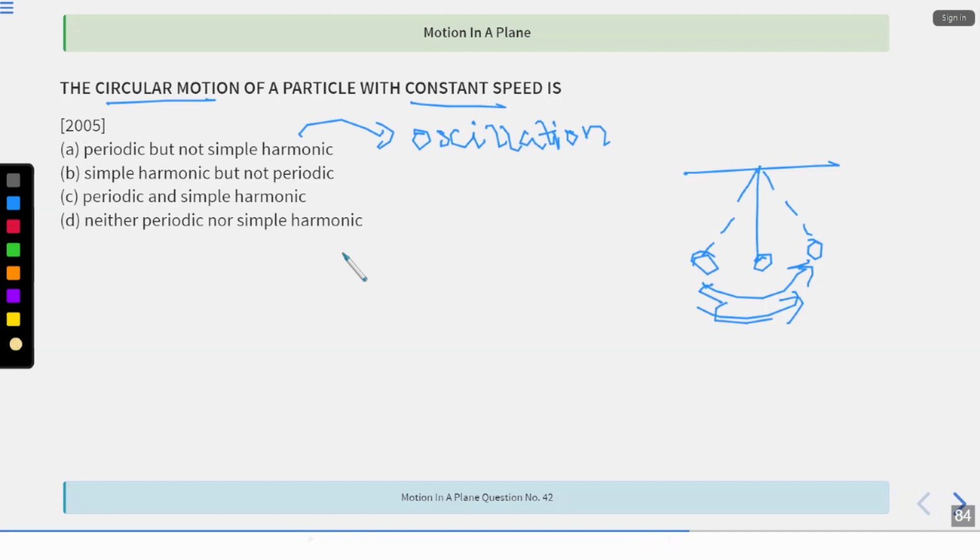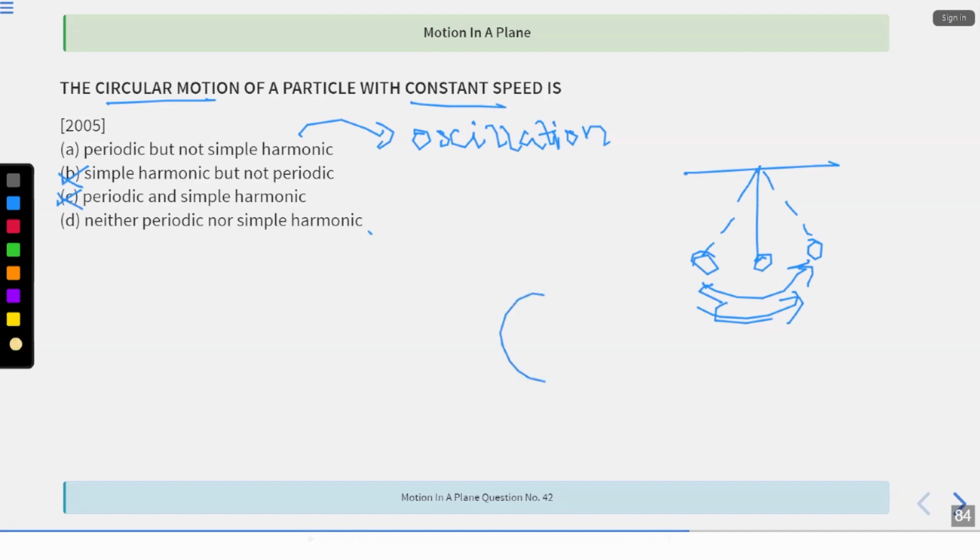So, is there SHM in a circular motion? No. So we rule this out. But we cannot rule this out, because we agree that there is no simple harmonic motion, but is it periodic? Basically, what happens in a circular motion of a particle with constant speed is that the particle repeats its motion.